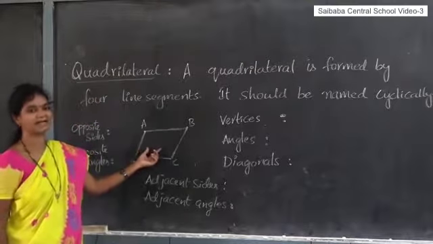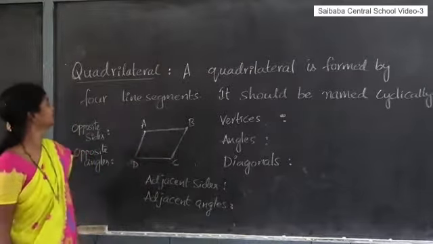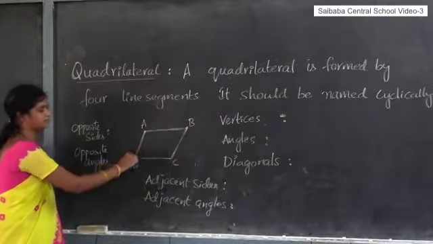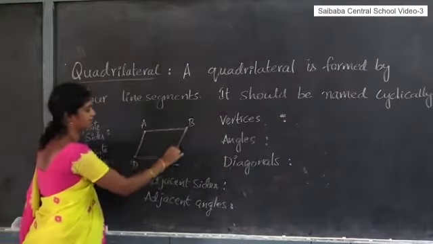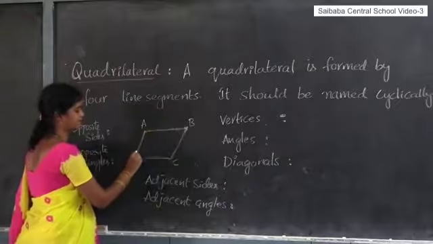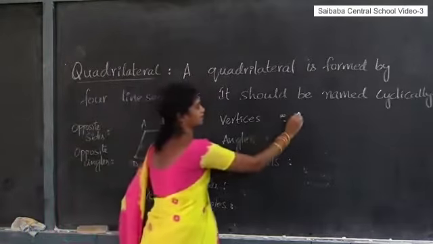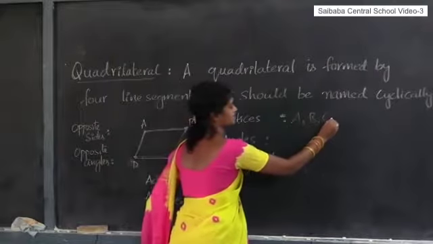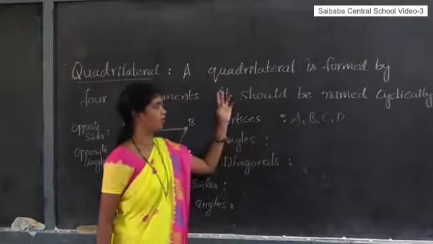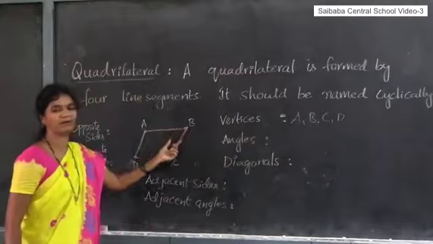We will call it a quadrilateral. A quadrilateral has four sides and four vertices. So what are the vertices here? A, B, C, D. So a quadrilateral has four vertices.